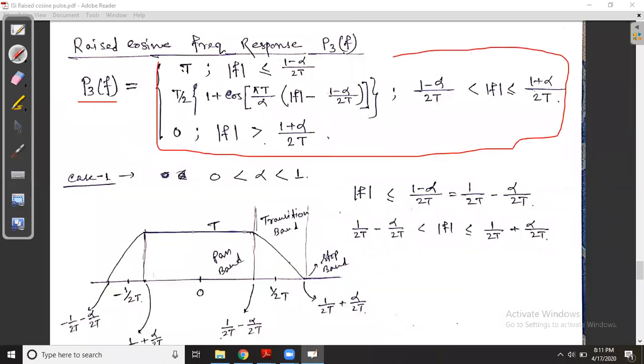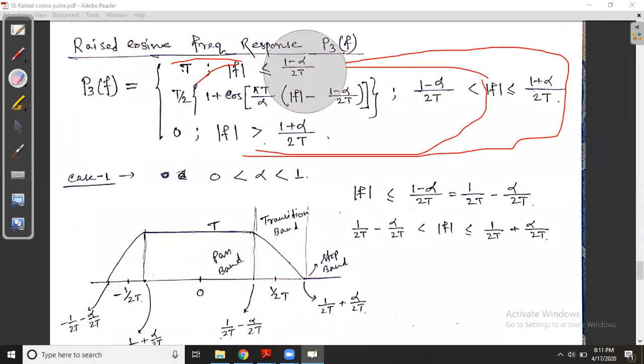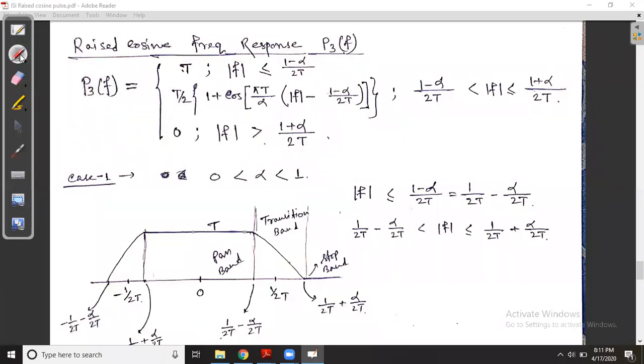So we are getting P(f) in frequency domain. This is nothing but the frequency response of the raised cosine pulse. Now depending on the value of alpha, how is the shape of the pulse changing.